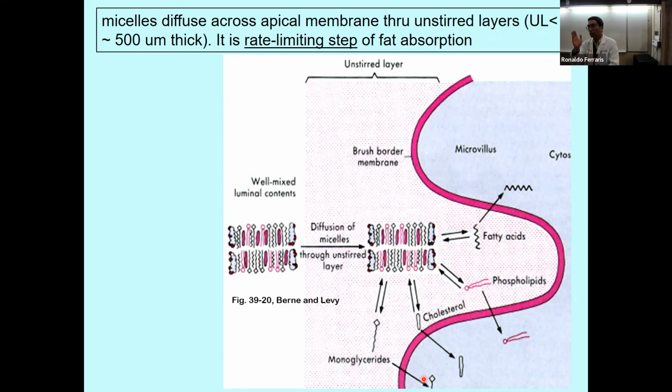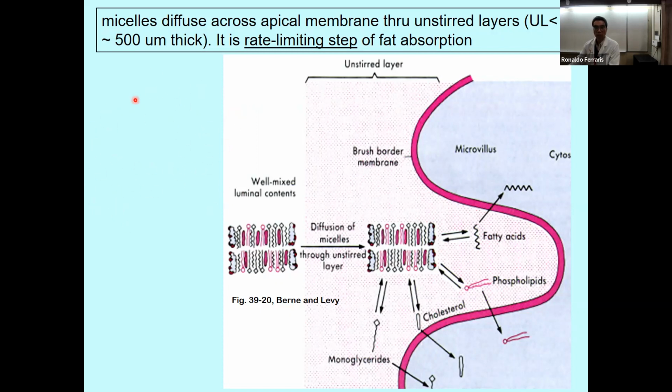And if you go right on top of the wall, which is represented here, there's actually an unstirred layer. That unstirred layer is just an overlying layer of aqueous medium. Remember, this is a high magnification. So over here in the lumen, it's well stirred.